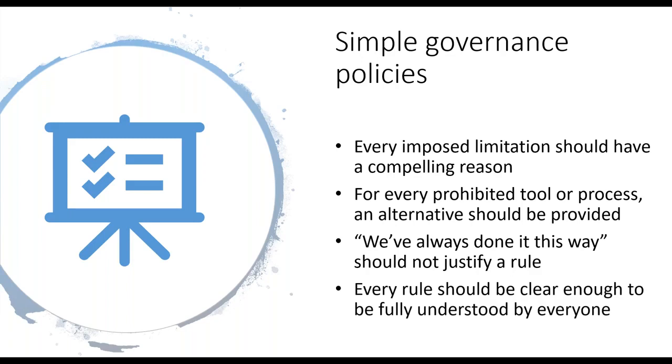Also, every rule should be clear enough to be fully understood by everyone. These governance policies cannot be overarching and hard to understand. They've got to be very clear, very simple. The simpler the words, the better.